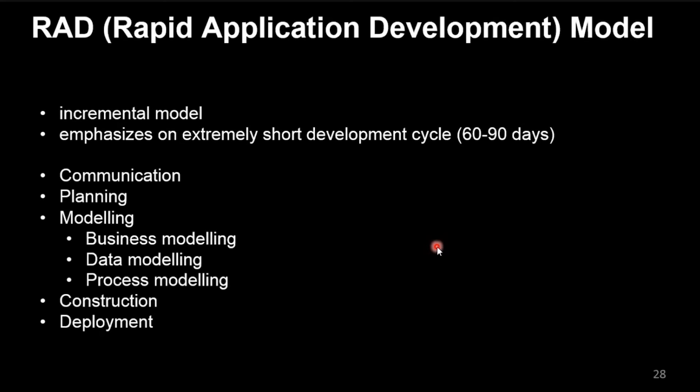The customer gives specifications and all the requirements necessary to develop the product, so that the developer can use those requirements and develop the project. So this is the communication phase.